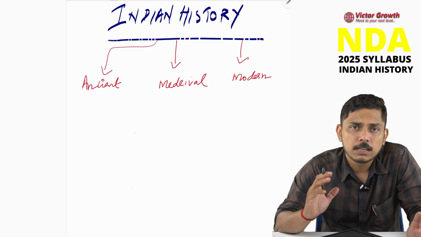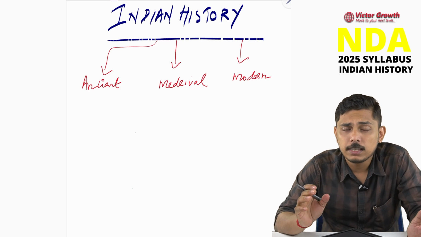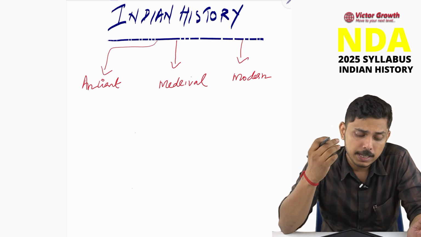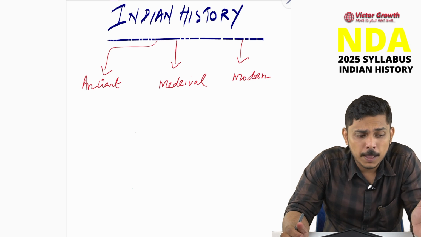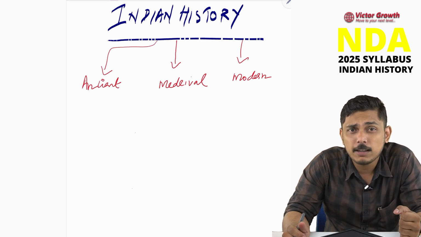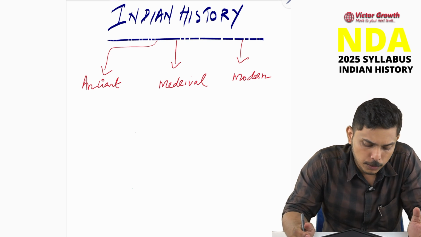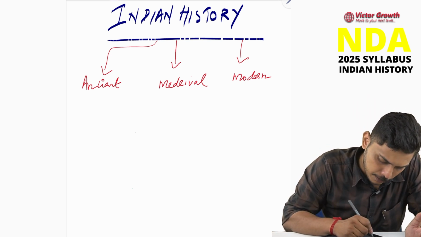Stone Age means Paleolithic, Mesolithic, Neolithic. These are the Stone Ages, followed by Chalcolithic. So ancient comprises the period from the Stone Age to Harshavardhana, and in the southern part, at that time, we have Chalukyas and Pallavas.